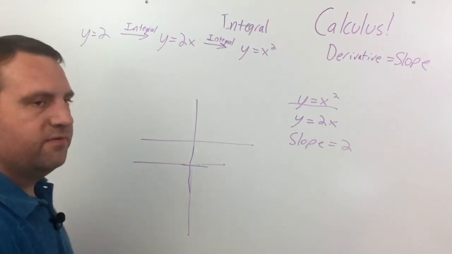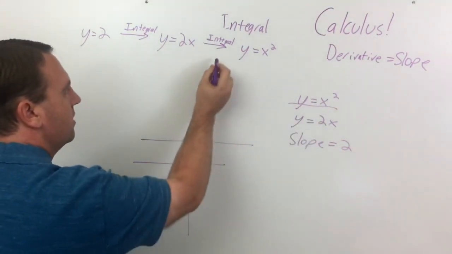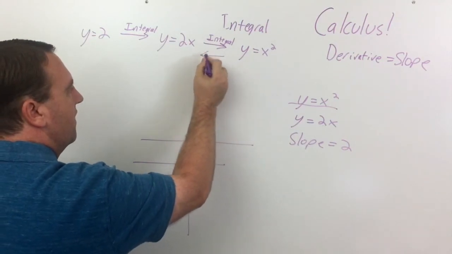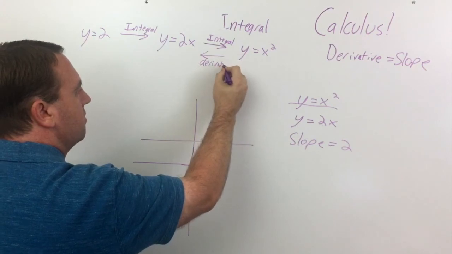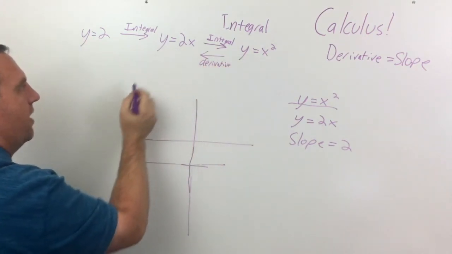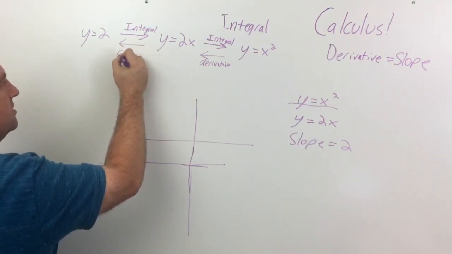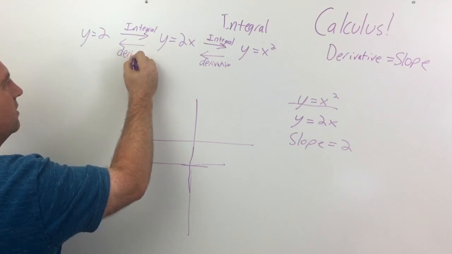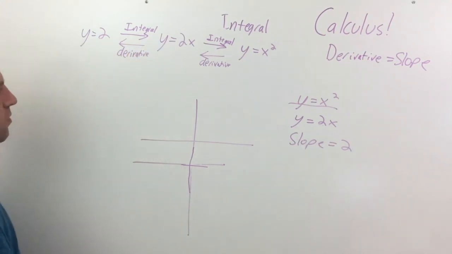Now, I don't know if you've noticed this, but we started with y equals x squared, and we found the derivative, which means we found an equation for the slope, and the derivative was 2x. Then we found the slope again, which is the derivative, and the slope was 2.